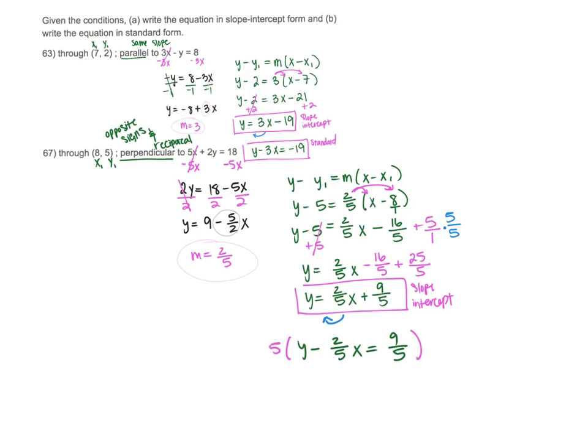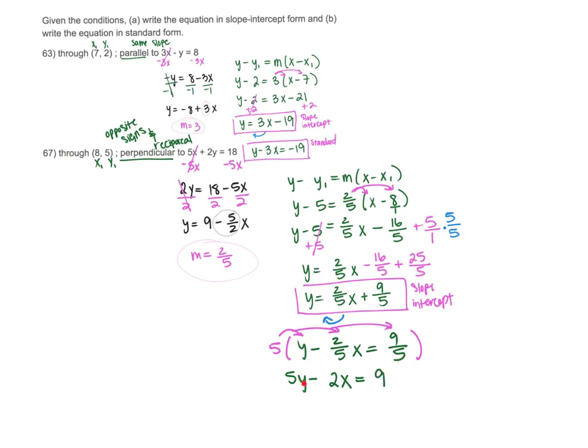So I'm going to multiply everything by 5, because if I decide to multiply this by 5 to make it a whole number, I have to multiply everything by 5, so I don't change the equation. So then this equation becomes 5y minus, that 5 will cancel, bringing down a negative 2x, equals, well, that 5 will cancel with that 5, so that just brings down a 9.